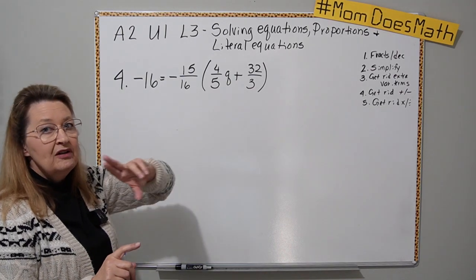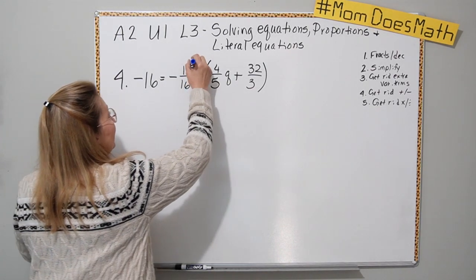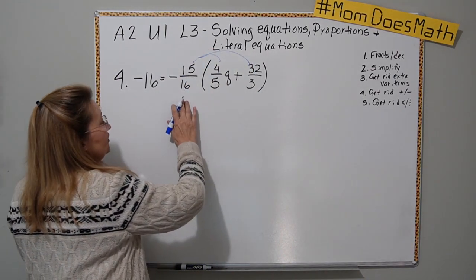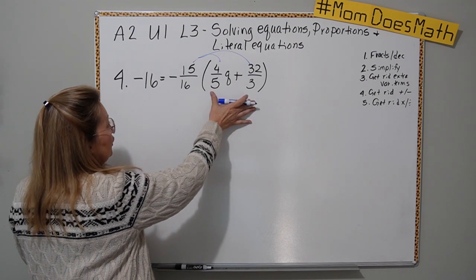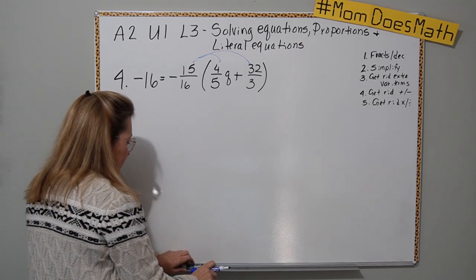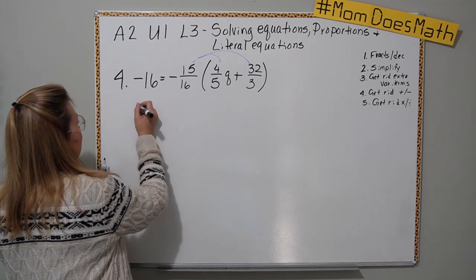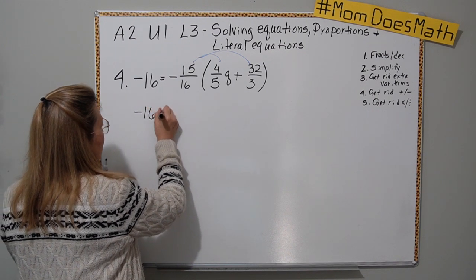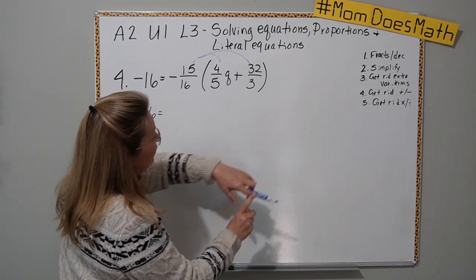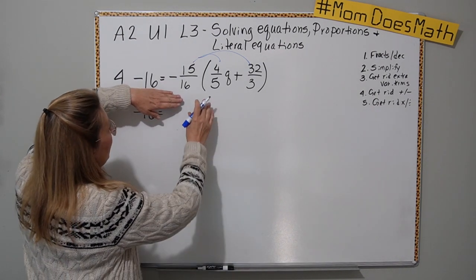So what I'm going to do on this one is I am going to distribute 15/16 into here, and I'm going to multiply that. So negative 16 is not going to change on this step. And I'm going to come over here and do the multiplication.